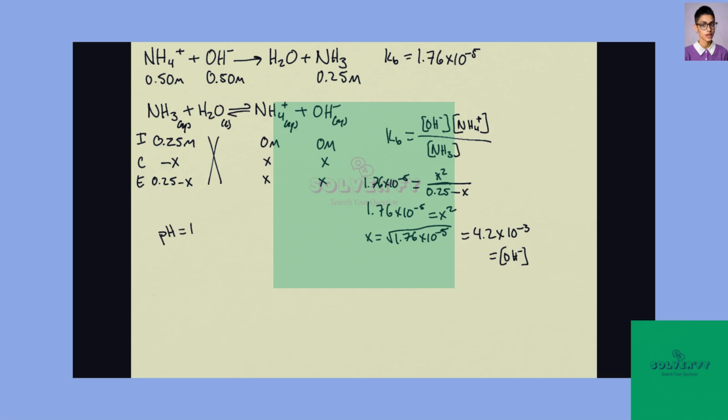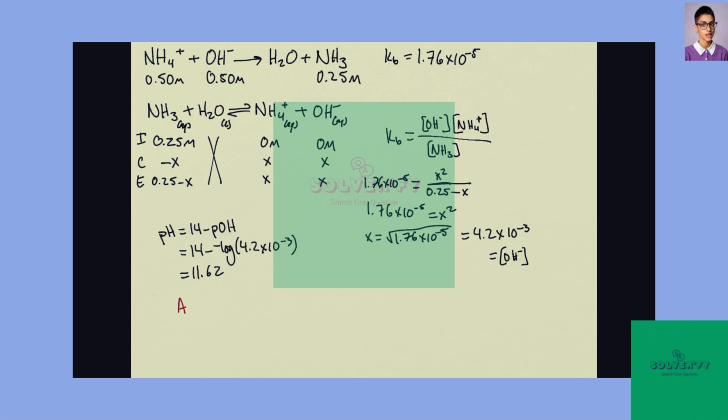pH equals 14 minus pOH, which is 14 minus the negative log of our concentration of OH minus, which in our case is 4.2 times 10 to the negative third, and this is 11.62. So we're looking for a pH indicator that changes color at a pH of approximately 11.62.